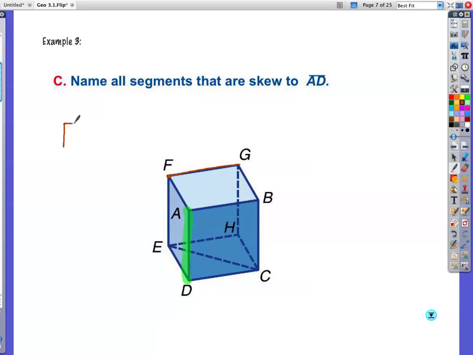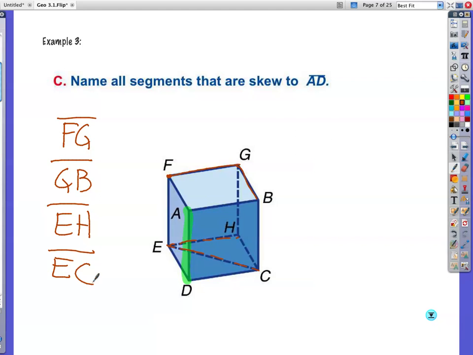So segment FG would be one of them. I would say segment GB as well. I would say segment, this one down here, EH. I think segment EC does not run into it. It does not intersect and it's not parallel.